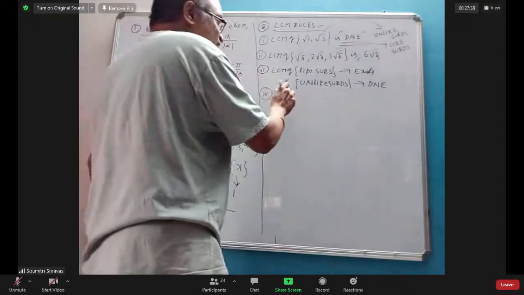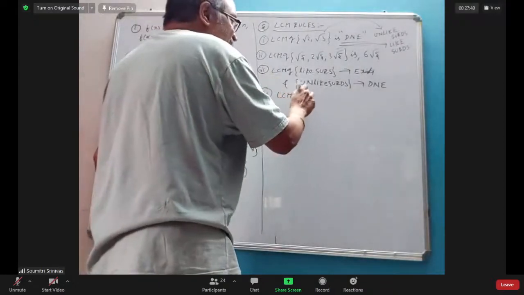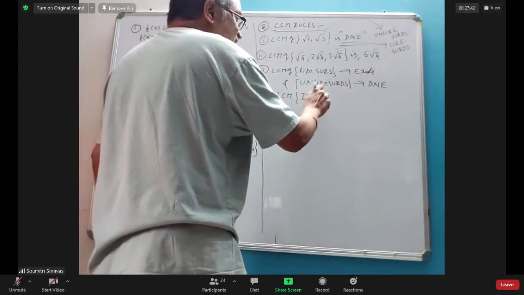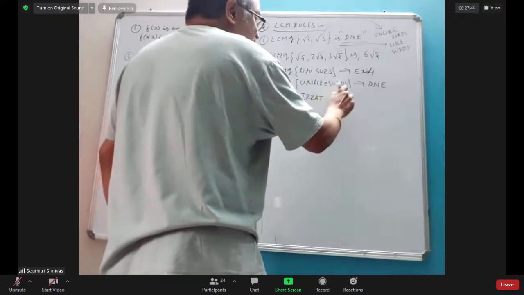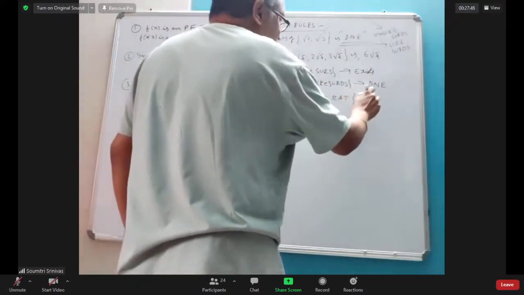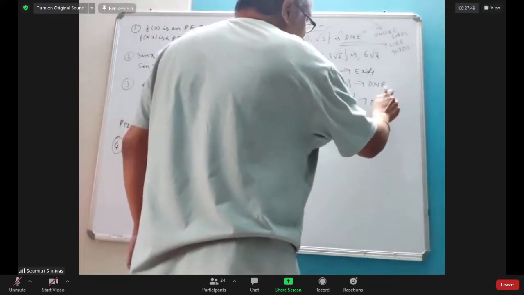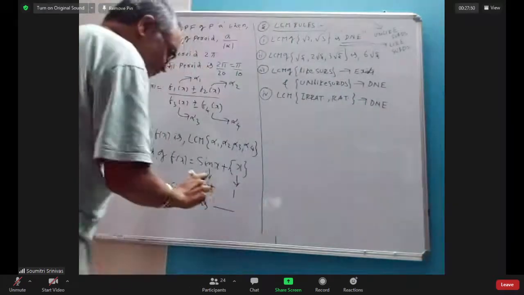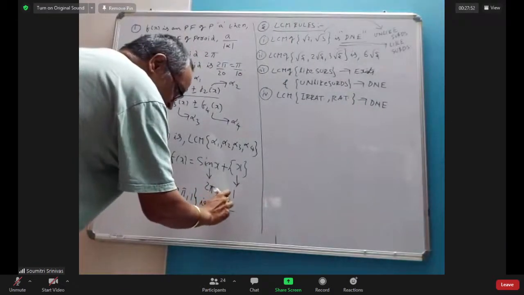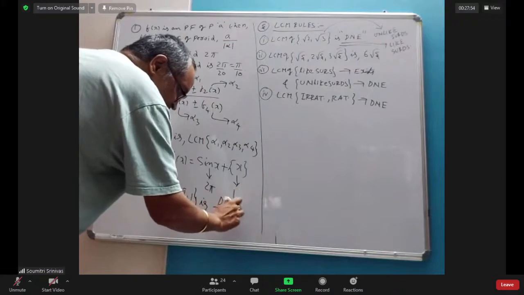LCM of irrational and rational does not exist. This answer does not exist.